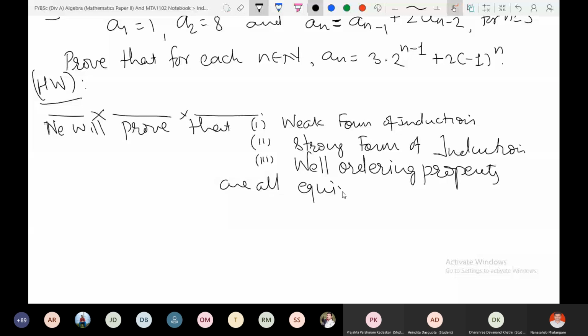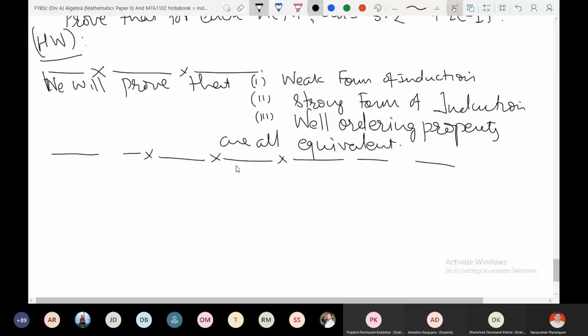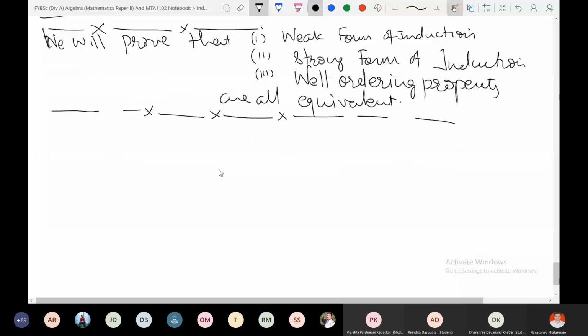We will prove this at some point of time, so right now we'll not bother about it. These are equivalent, but for that you need to understand some set theory and the logic behind it, then you can understand it in detail. Okay, fine. So let us go to the next part of our topic.